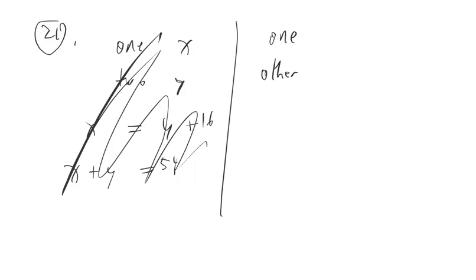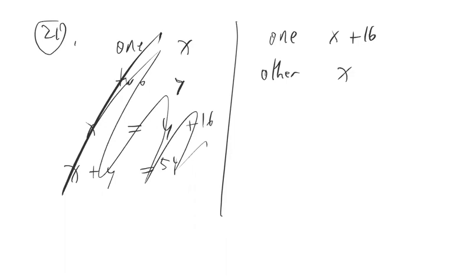But you do know that the first number is equal to the other number plus 16. So the other number you don't know anything about, so just call the other number x. But the one number, you know it exceeds the other one by 16. So the one number is 16 more than x. So one number is x plus 16. The other number you don't know, so it's just called x.